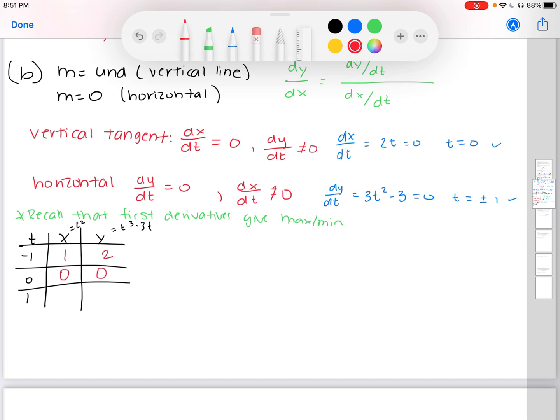When t is 1, x is 1, and y is negative 2. So we have the points (1, 2), (0, 0), and (1, -2). And that answers that question.